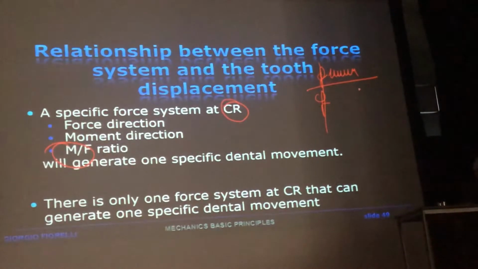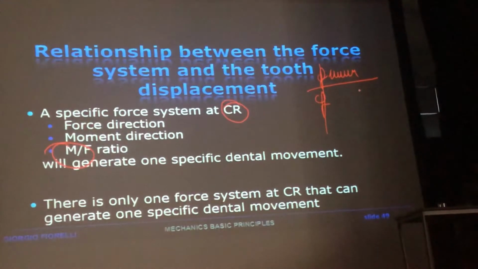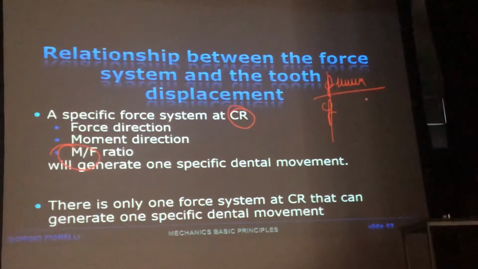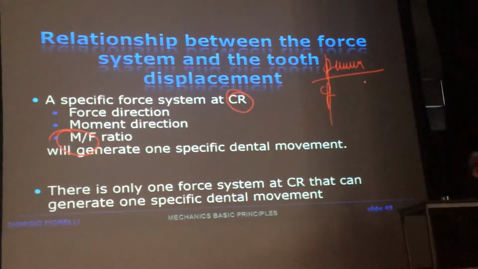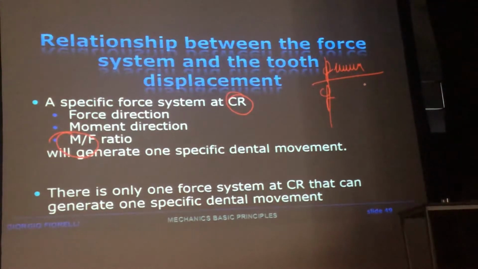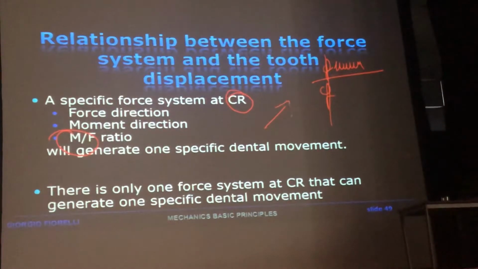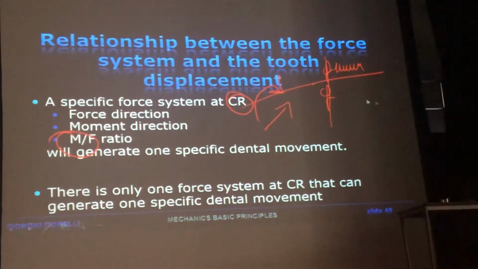And when they design how to make a bridge, they are talking about the moment to force ratio in meters, or maybe even a scale even larger. For us, we talk about millimeters. Okay, so again, we need to know the force, the moment, and the ratio between these two.